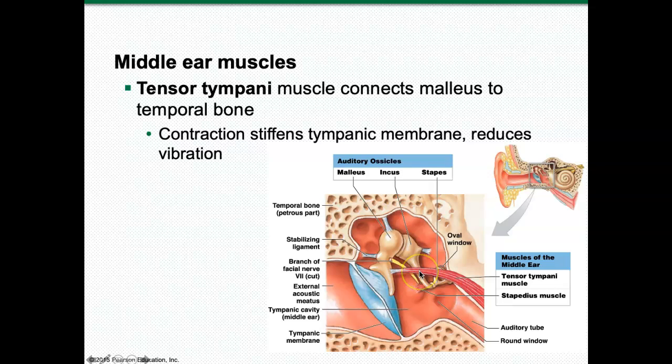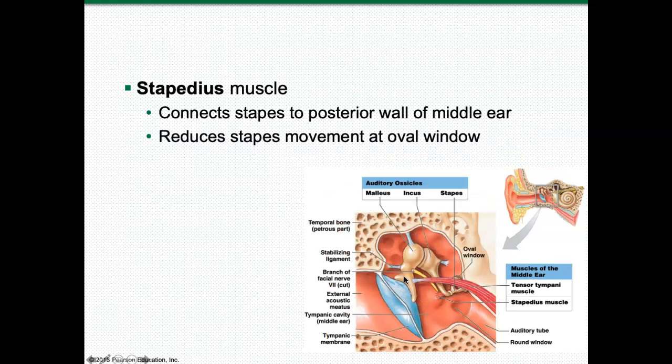If there is a very loud noise, it will stiffen the membrane and reduce vibration. The stapedius muscle connects the stapes to the posterior wall of the middle ear, and that reduces stapes movement at the oval window. So these three little bones have joints between them. So there is movement here.